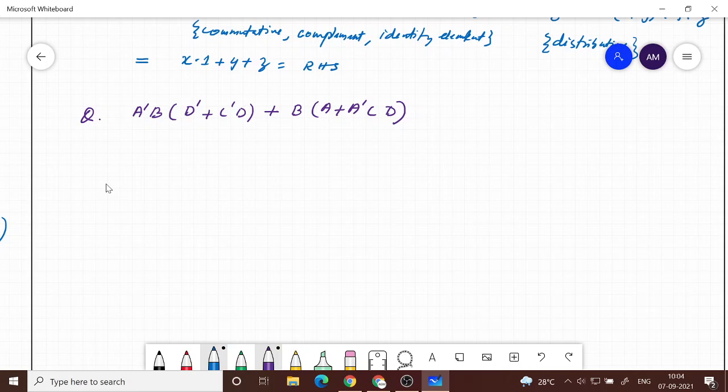So this is the expression given, and if you look at the end of the book, you can see what it is equal to. So I can write it as: show that this is equal to B.